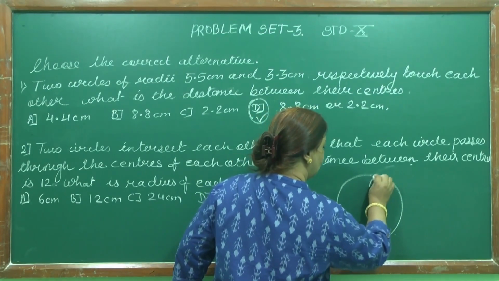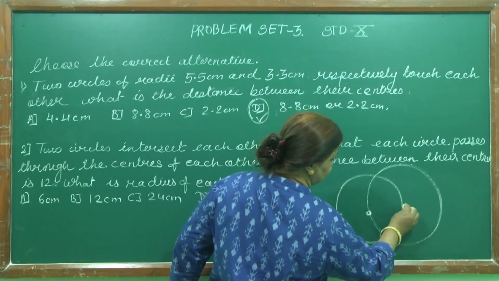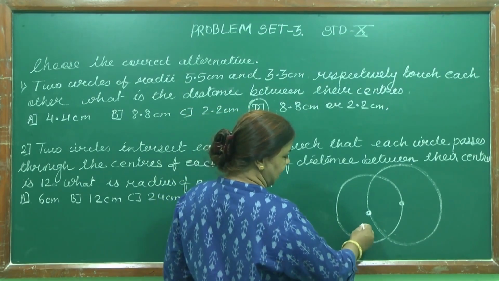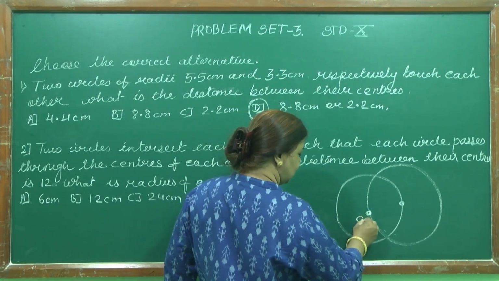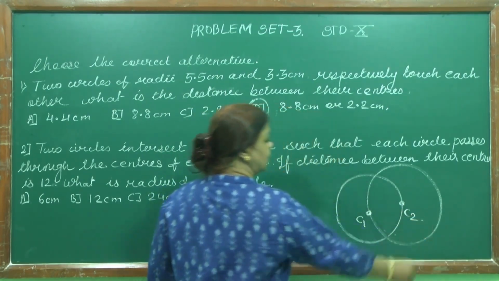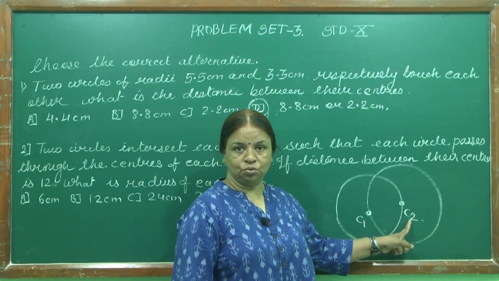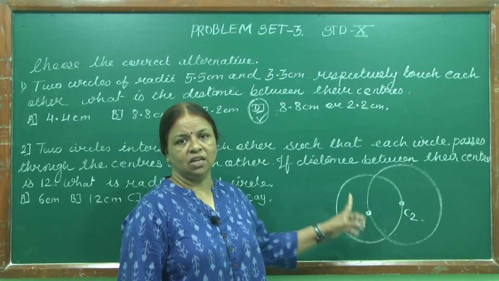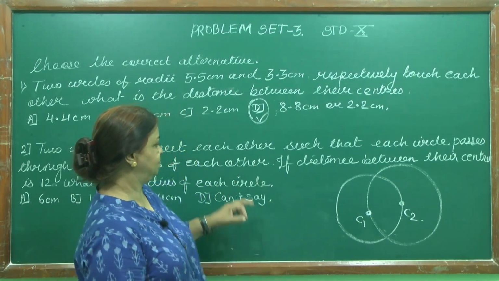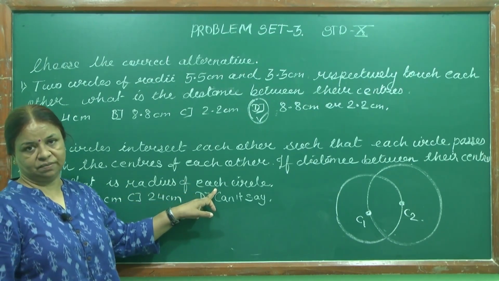When I draw another circle, I find that the condition is given in such a way that circle 1 with center C1 is passing through the center C2 and the circle with center C2 is passing through C1. So what are the radii? What is the radius of each circle?